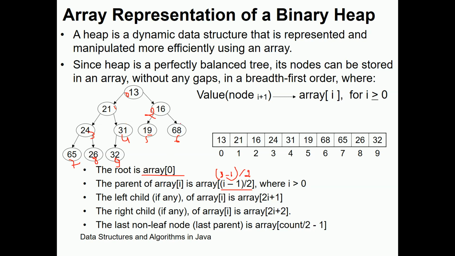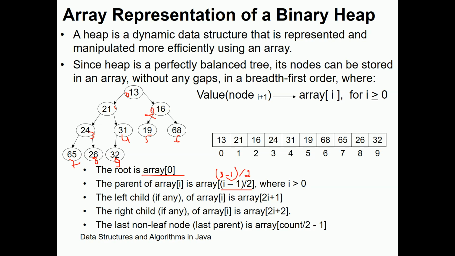And if I'm looking for a child of anyone, for example, the child of this one is going to be 2 times plus 1 or 2 times plus 2. So 0 times 2, that's 0. Plus 1, this is the first child. Plus 2, that's the second child. Like this one, for example, the first child on the left and the right one.